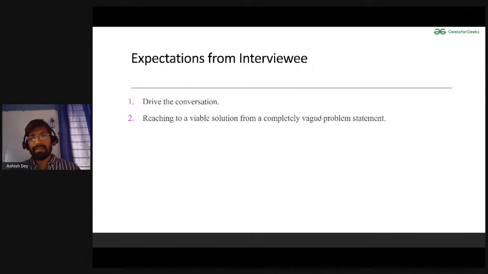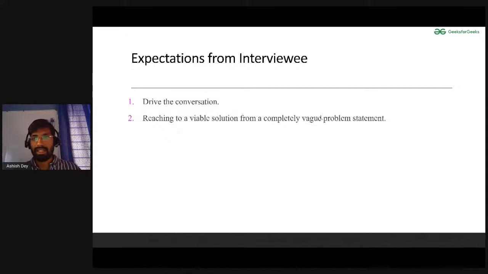Now you are given a completely vague problem. How exactly do you start? Start small. If you are asked to design Facebook, you don't start by saying, I have a billion users and I'm going to design my system like this. It doesn't work like that. You have to start small. Let's say there are only two users. Then how does my system look?